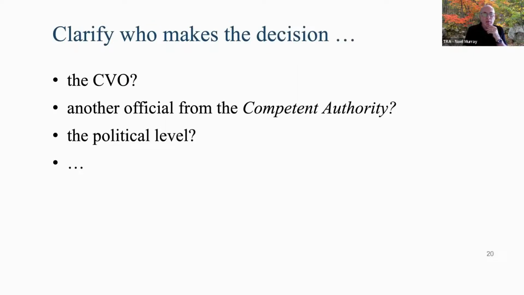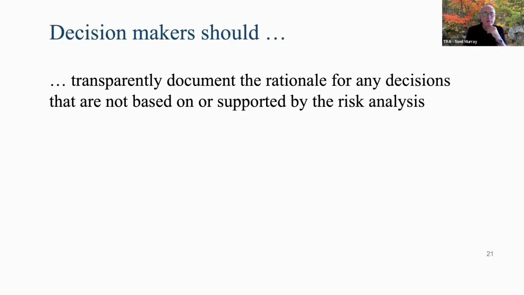So we need to clarify who's making the decision. Is it the Chief Veterinary Officer, another official from the competent authority or the veterinary service, or perhaps it occurs at a political level? So there could be some other folks who are responsible for making the decision. Nevertheless, regardless of who's making the decision, ideally that decision process should be transparently documented.